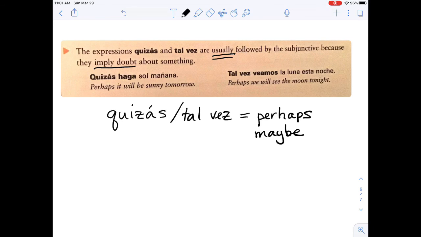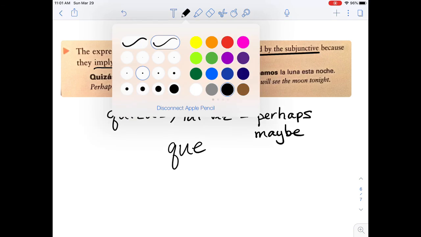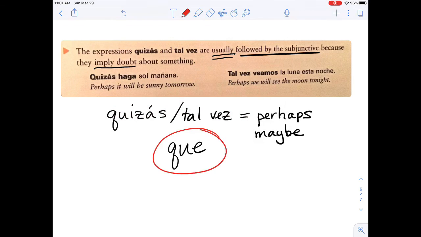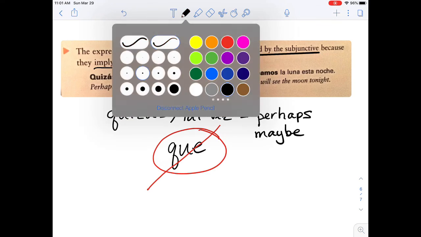And if we're saying, well, maybe, clearly there's some uncertainty there, right? So we're going to make note that we're going to follow it with the subjunctive. But I want you to notice that we are not using que here. Okay? That we don't need that.